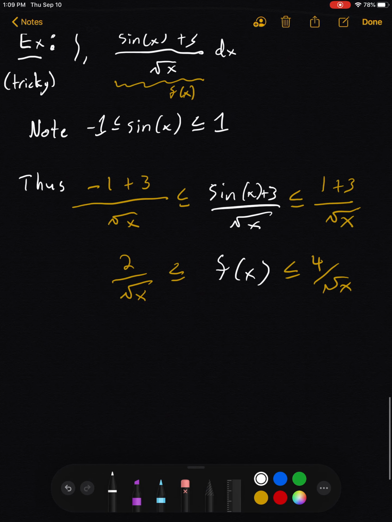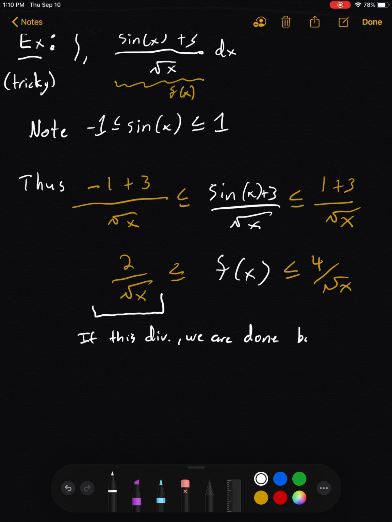Generally, when I'm dealing with sine, a lot of trig functions like this diverge anyway, so I instinctively guess to do the first one right away. I think in the book they show you that you should do both, and I will show you a graph in a second of what's happening there, but I'm just going to do the left one, because remember, if we can show that the left one diverges, we are done by comparison test.